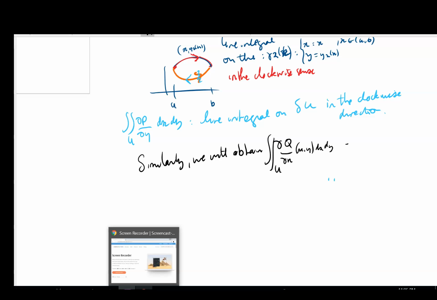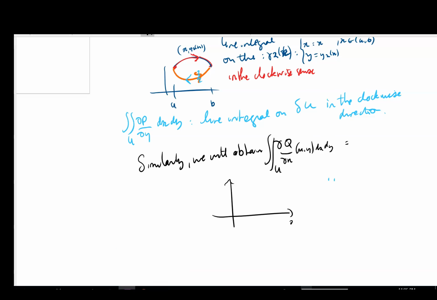You have to do something very similar: if that's your x and your y, and maybe that was your domain, you will need to cut that into two parts, one part described by x2 of y and the other part by x1 of y. Maybe that's a good exercise for you to try.